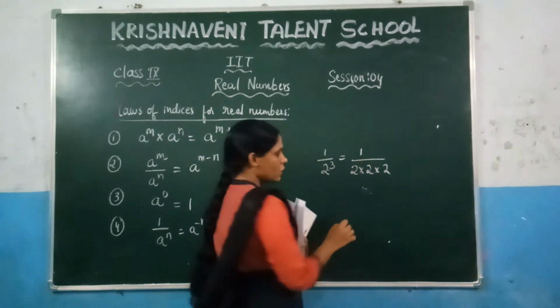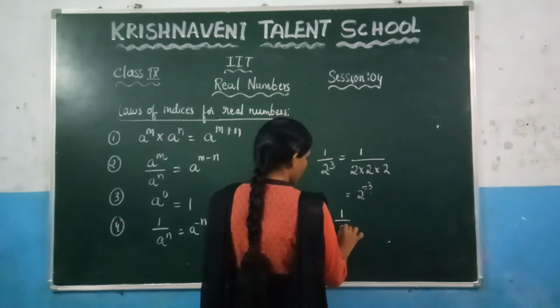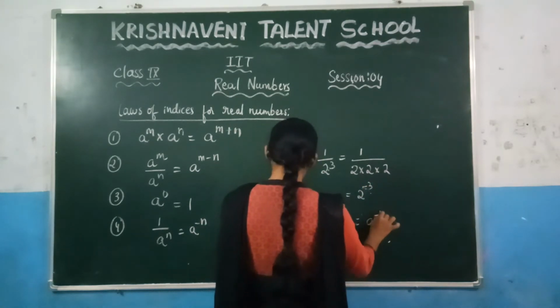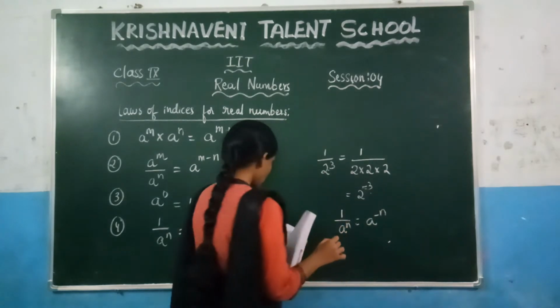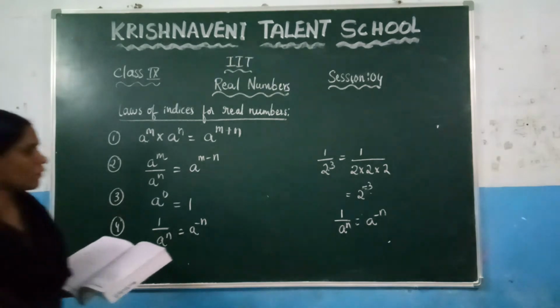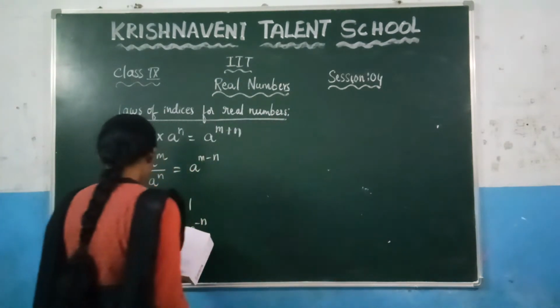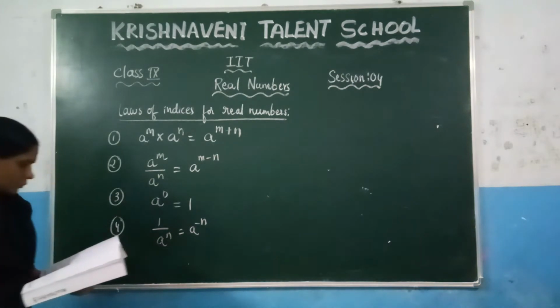Right? Here this one you can write as 2 power minus 3. It is in the form of 1 by a power n. You can write this one as a power minus n. So this is the next law of exponent, which is 1 by a power n is always equal to a power minus n. Now see the next one.